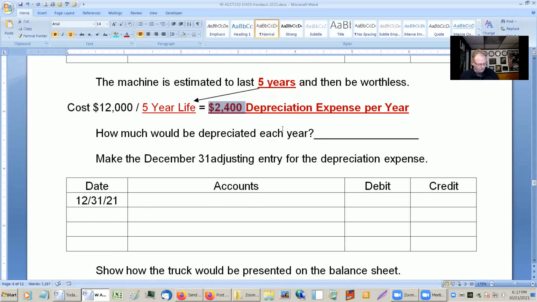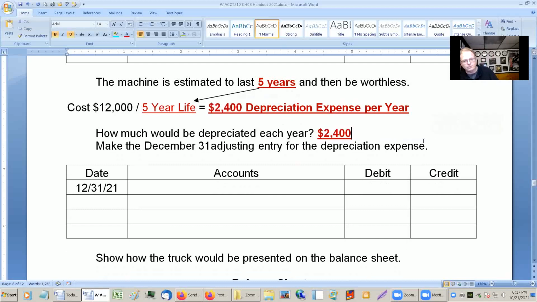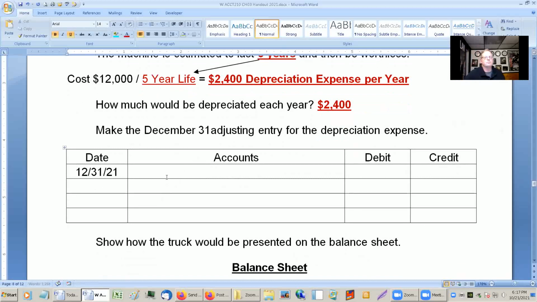So assets will be equipment. Assets will be machine, okay, equipment for 12,000, minus accumulated depreciation, 2,400.